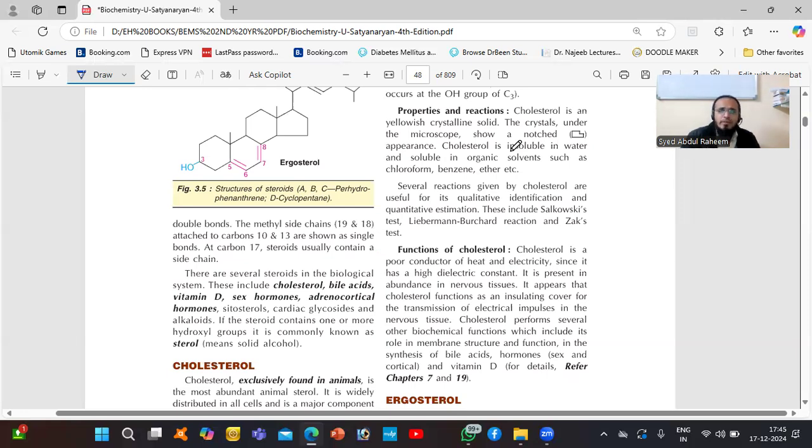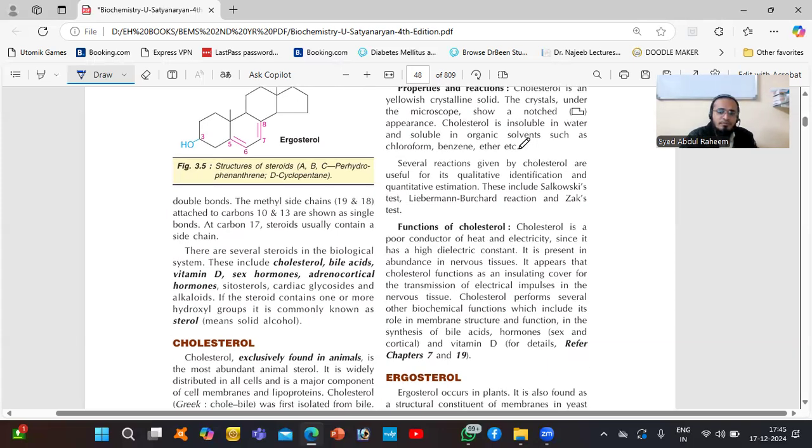In the body we have different types of steroid hormones, like sex hormones, adrenocortical hormones, cardiac glycosides and alkaloids. These are functional hormones present in our body.